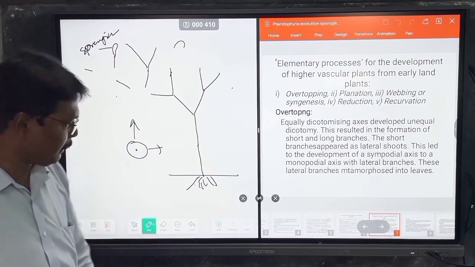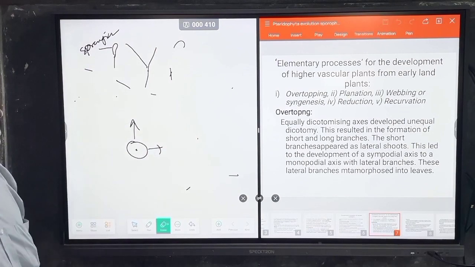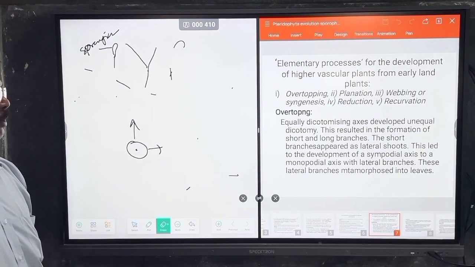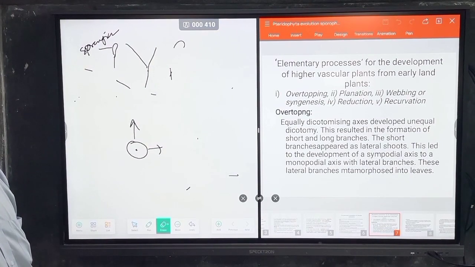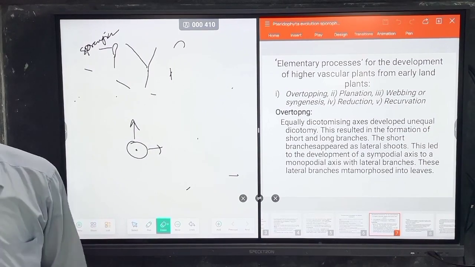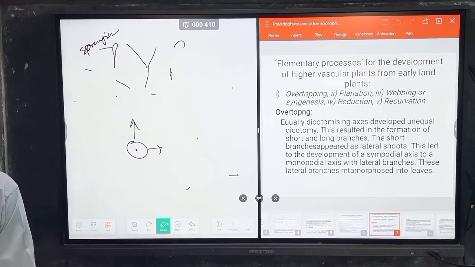So overtopping: equally dichotomous branches develop unequal dichotomy, and this resulted in the formation of short and long branches. These short branches appeared as lateral shoots, and this led to the development of the sympodial axis to the monopodial axis.